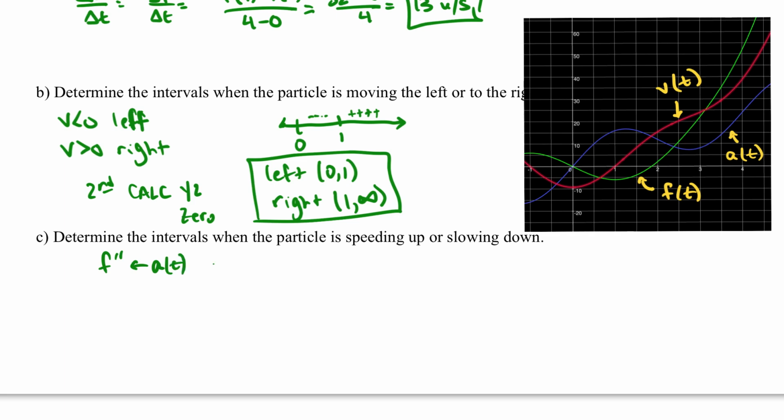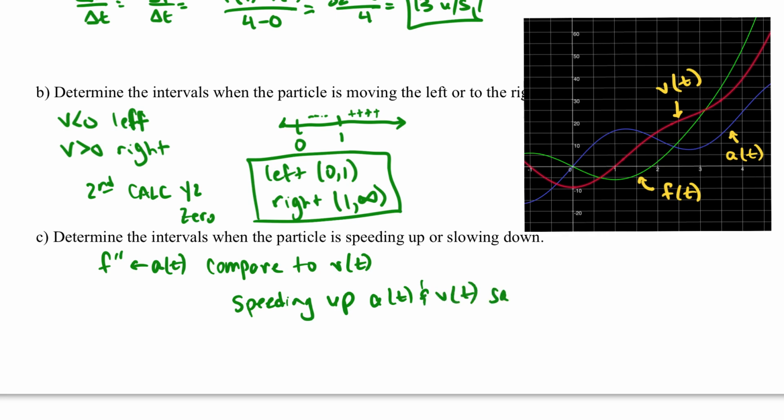Now, we have to compare to v of t. If speeding up, that means a of t and v of t have the same sign.